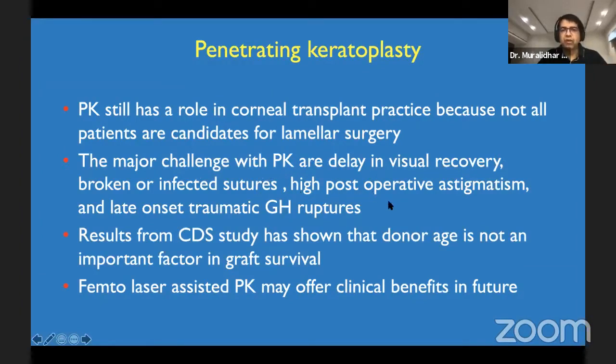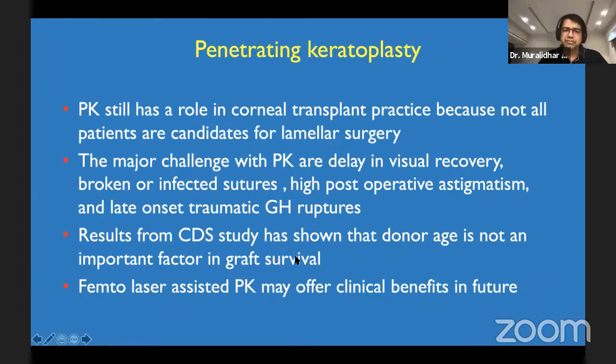One of the biggest advantages of why the lamellar surgeries are becoming more popular is that they have a much better graft post-tectonic stability, and they eliminate all kinds of suture-related aspects. And the third most important is that allograft rejection is much less common and more reversible, even if somebody does get allograft rejection, unlike in traditional penetrating keratoplasty.